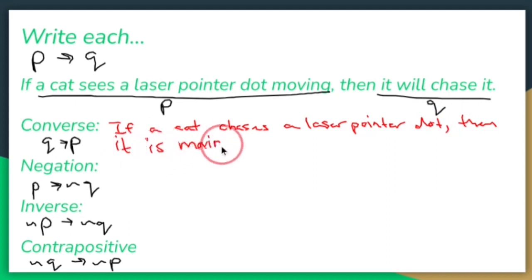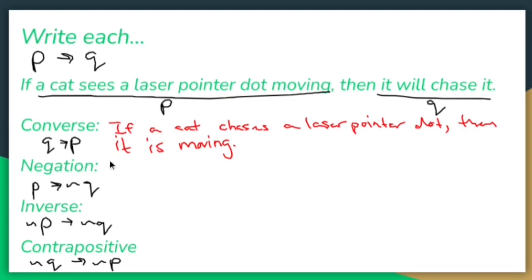So what you saw me do here is I moved some words around to make the sentence make sense. If I were just to go in reverse and say, if it will chase it, then a cat sees a laser pointer dot moving, that's not wrong, but this just sounds better. I'm kind of happy with that.